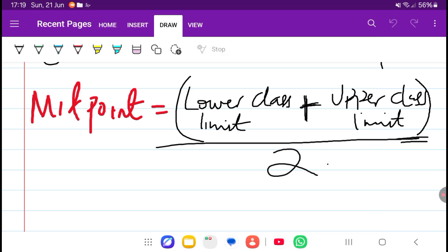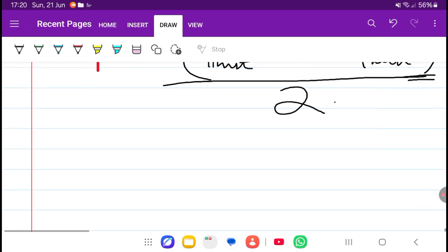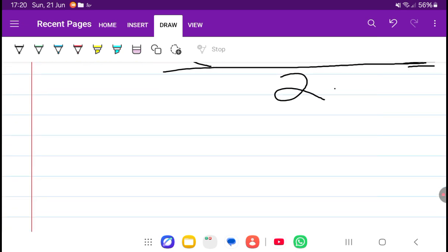Then we can also look at the relative frequency. Of course, we had computed the relative frequency in the previous video, but let me also repeat it.